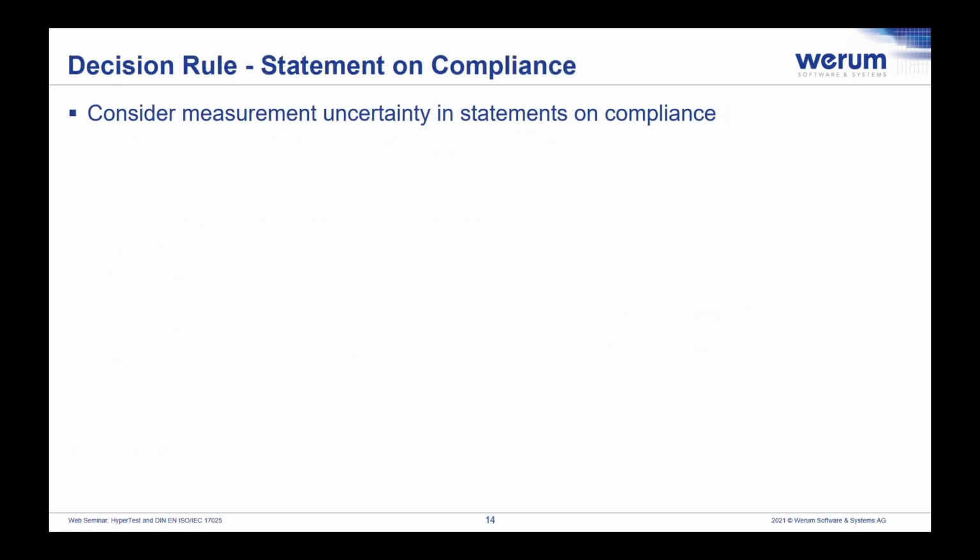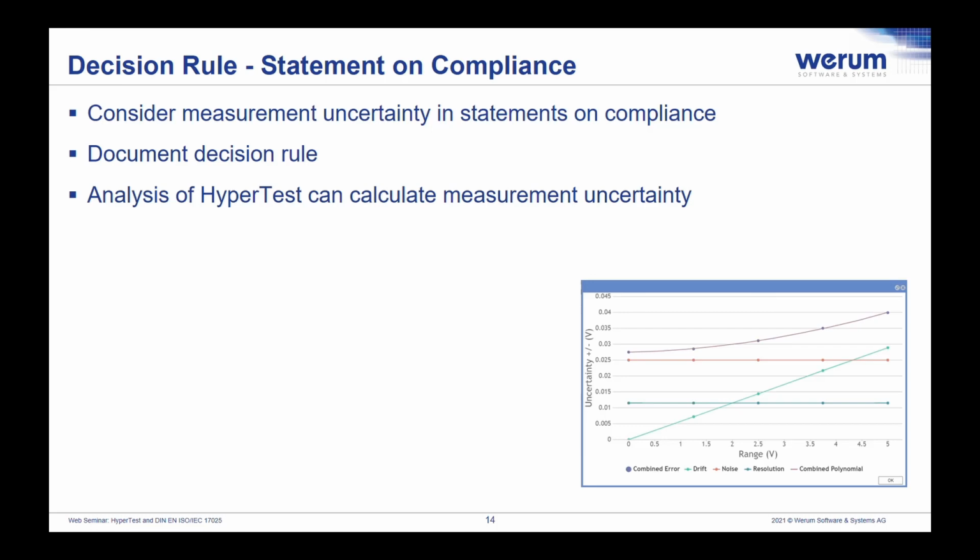If statements are required on conformity with the standard or specification, the measurement uncertainty needs to be considered. And the decision rule applied must be documented for traceability purposes. HyperTest uses the required calculation instructions in evaluating the measurement uncertainty.